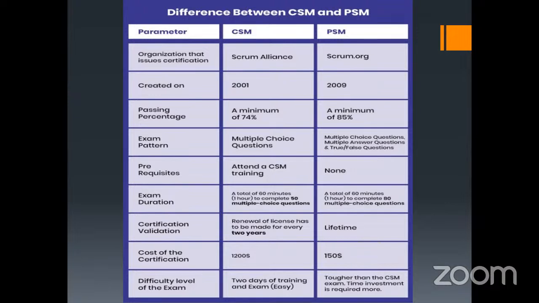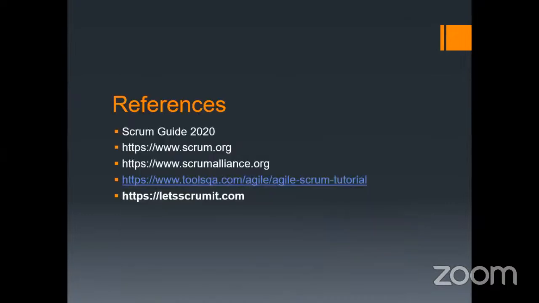Other than this, for CSM you have to compulsorily attend the training and then you can appear for the certification. For PSM, you do not have to attend any training. You can prepare for it yourself by using the Scrum guide. So this is all about the certification.